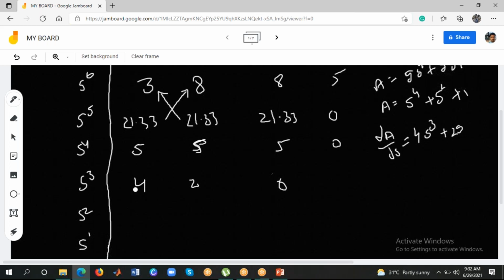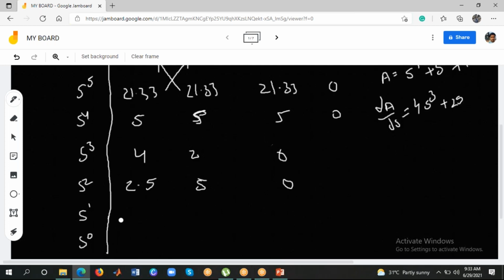So 10 by 4, 2.5. 4 into 5 minus 5 into 0 divided by 4. So 4 5s are 20 minus 20 by 4 we will get 5, then 0.